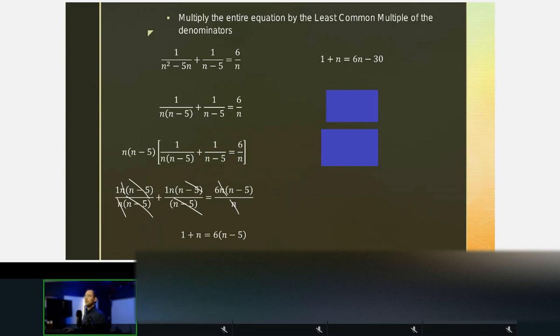All right, so how I did this was, remember, we want to get the n's on one side and the numbers on the other. So what do you think is a good way to do that? What should we do? There's not really a wrong answer. So subtract n both sides, and I agree with Noah. I think that's easier.